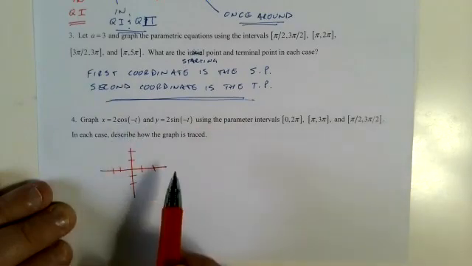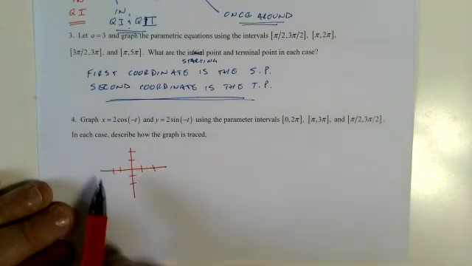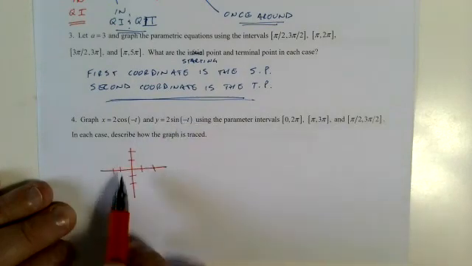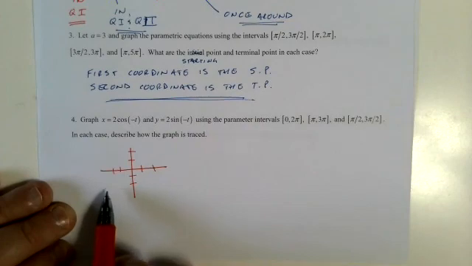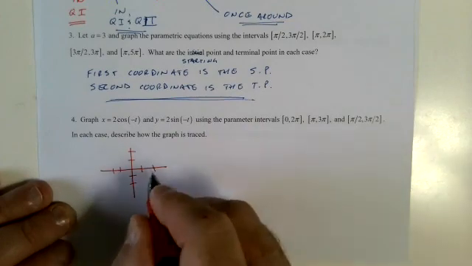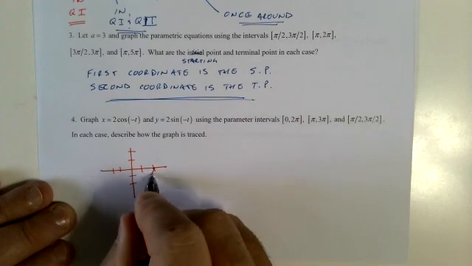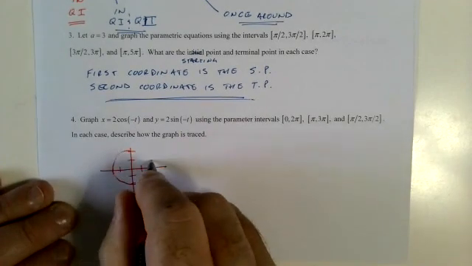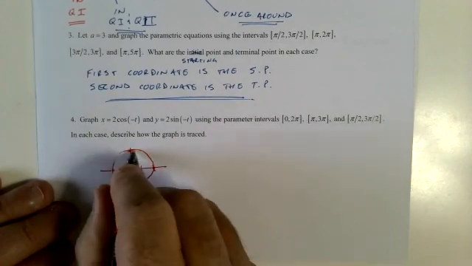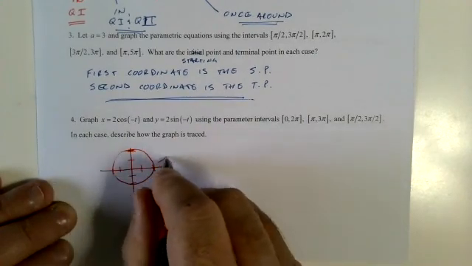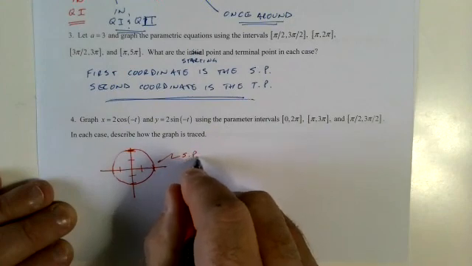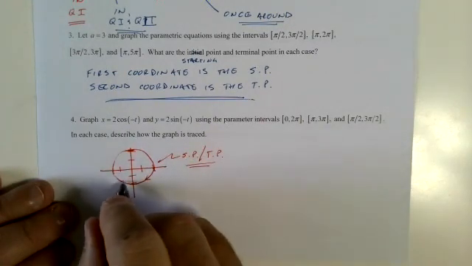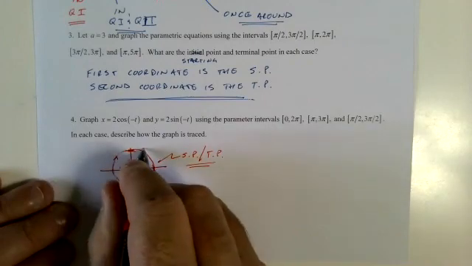So we're going backwards. Still gets us to 0. Negative pi over 2 gets us to negative 1. So this would start here and go this way.